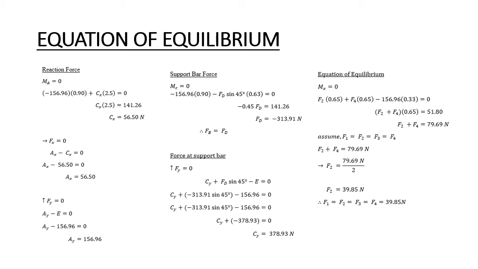For the reaction force, the bending moment becomes 0. So we need to multiply the weight, which is negative 156.96, with 0.9, which is the length of the beam, plus Cx times 2.5, which is the height of the ceiling mounted cassette, equal to 0.